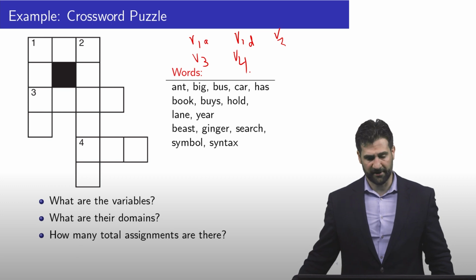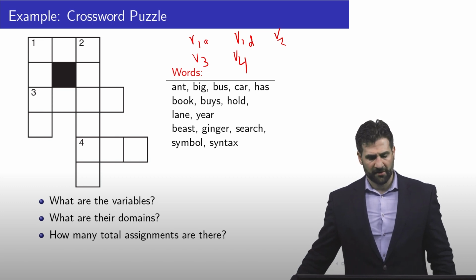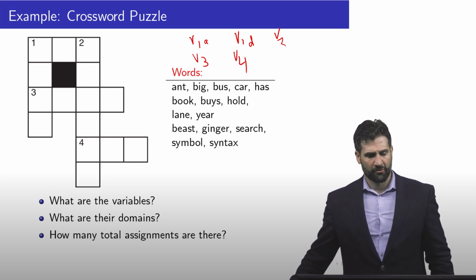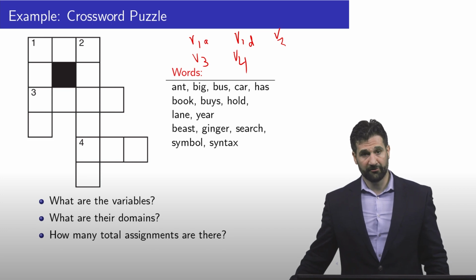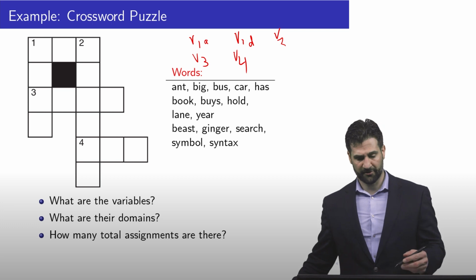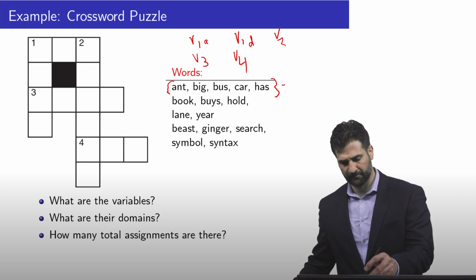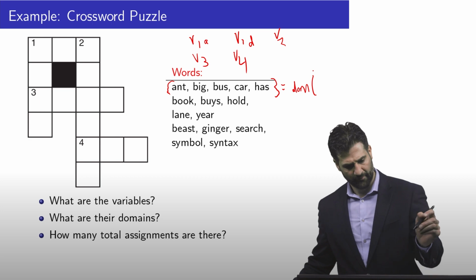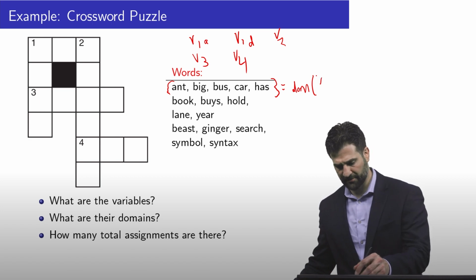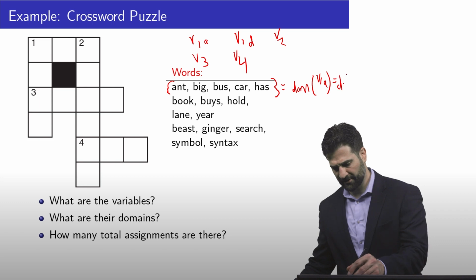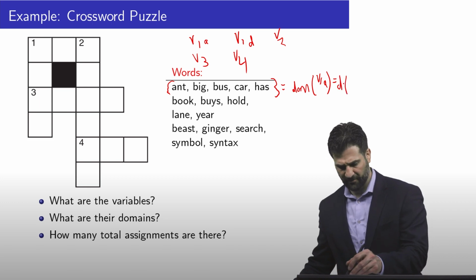So what are their domains? Well, variable 1 and variable 4 would have the same domain because they have the same number of letters in the word. So this would be this set here, because that's going to be the domain of 1 across and the domain of variable 4.